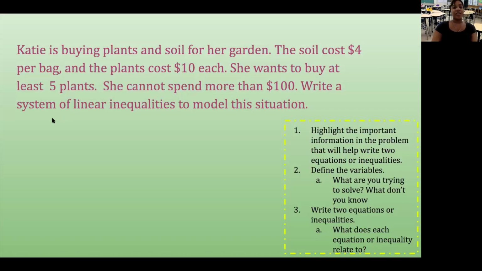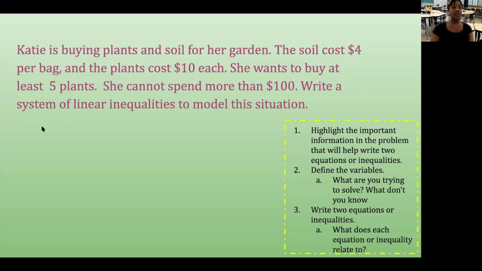Question 1. Katie is buying plants and soil for her garden. The soil costs $4 per bag and the plants cost $10 each. She wants to buy at least 5 plants. She cannot spend more than $100. Write a system of linear inequalities to model the situation.